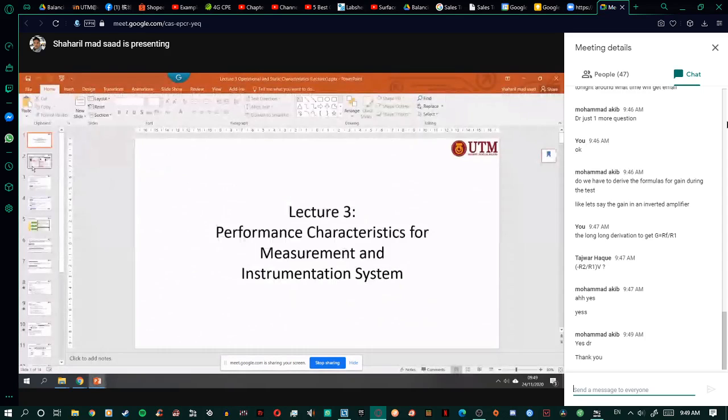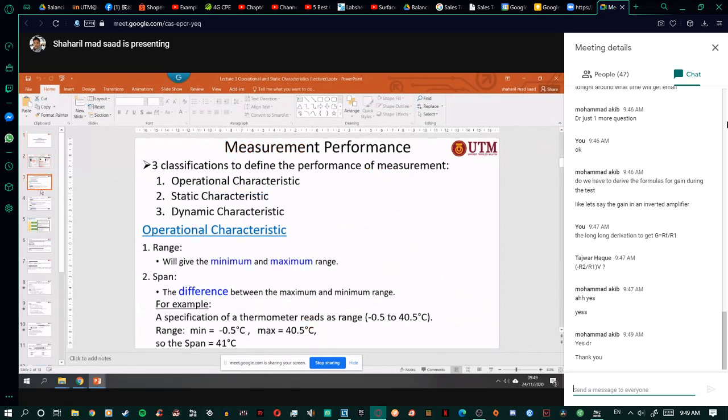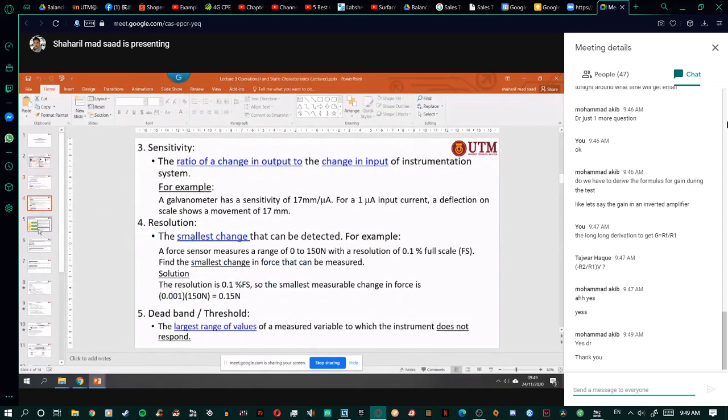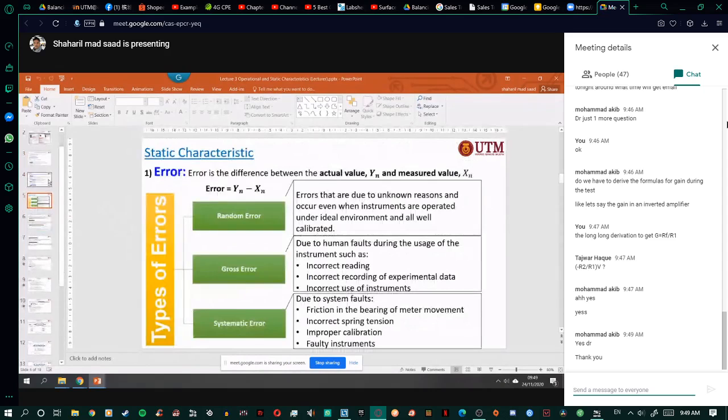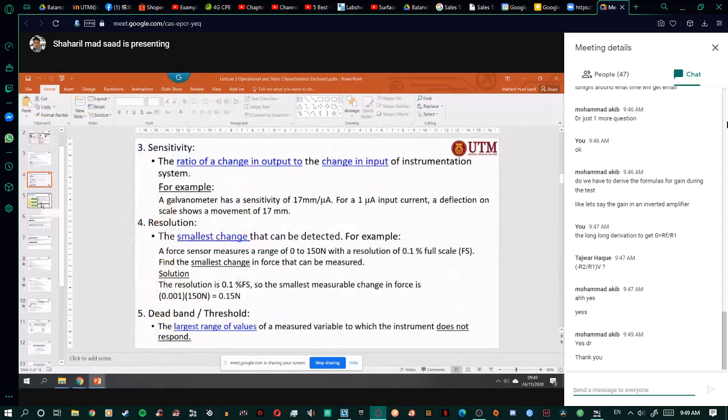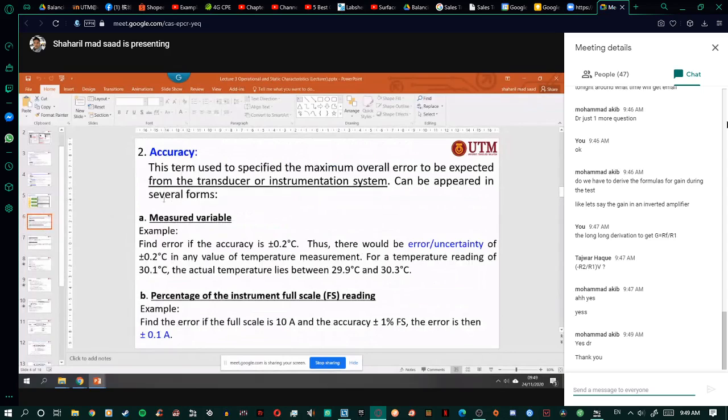Welcome. Bear in mind, please look back at the performance characteristics for measurement and instrumentation systems. What is important about the operational characteristics, what are the important static characteristics, and so on. Look at how you derive the accuracy, and try to understand more about it.